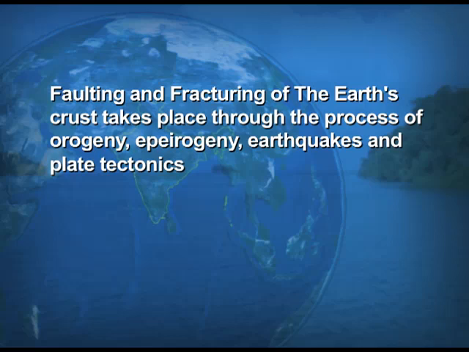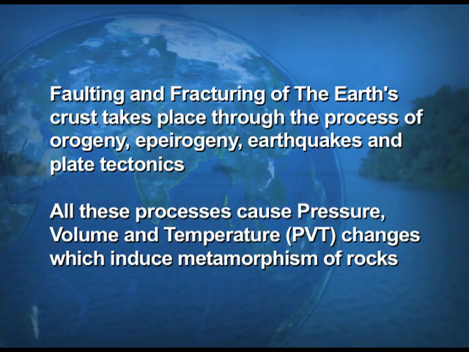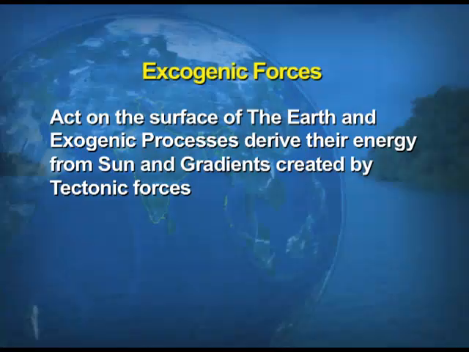And all these processes cause, listen children carefully, pressure, volume and temperature changes, which is known as PVT. And when these things happen on the rocks, it results in the metamorphism of the rocks, as we have already discussed in the chapter on the metamorphism of the rocks.